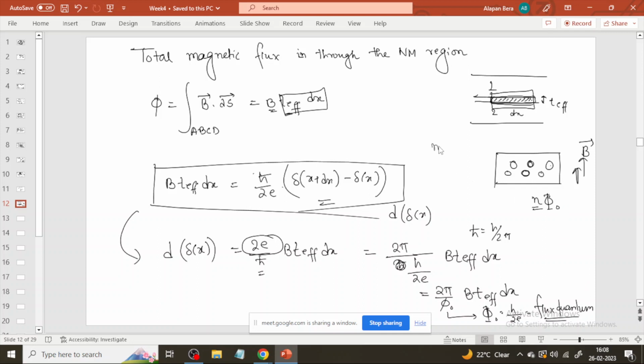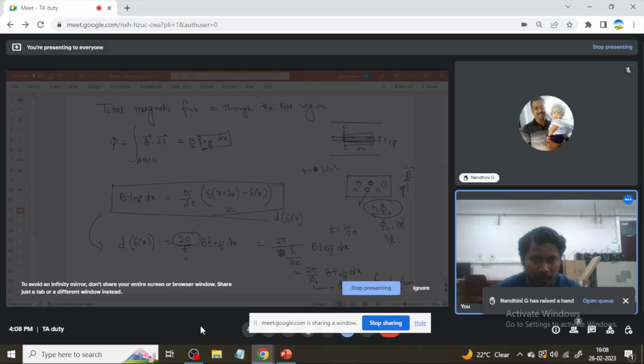The value of a is equal to 0, 1, 2, 3, 4, and so on. So the magnetic flux that can pass through each vortex can only be phi naught, 2 phi naught, 3 phi naught, etc. Okay, so they are quantized, and that is why they are called the flux quantum.